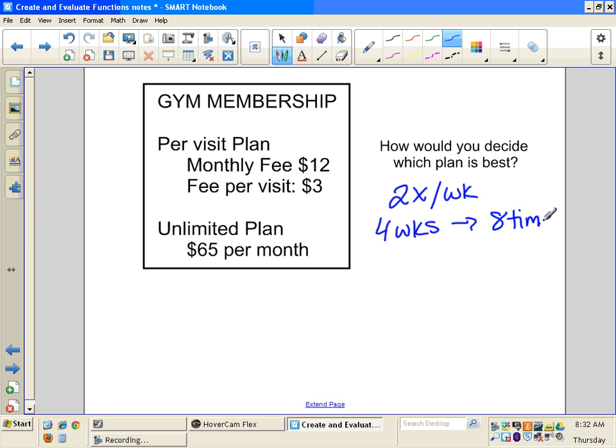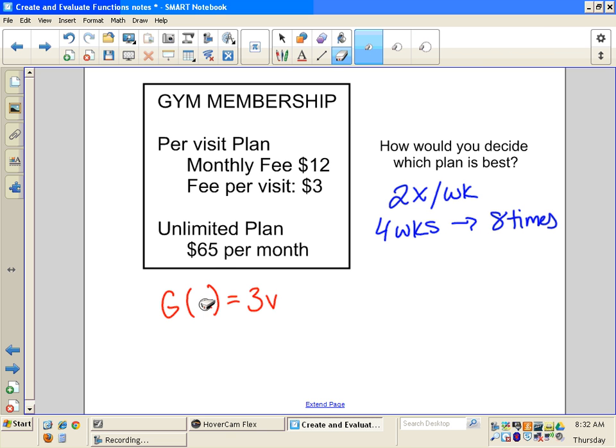So let's look at the 2 functions. It looks like the per visit plan, we'll say the gym membership per month-ish is going to be $3 for every visit. This is where I'm failing again. I'm so sorry.